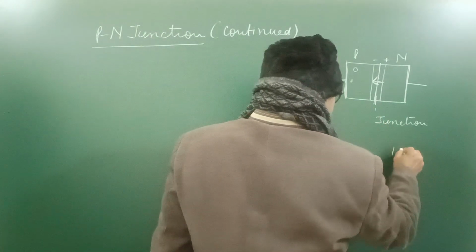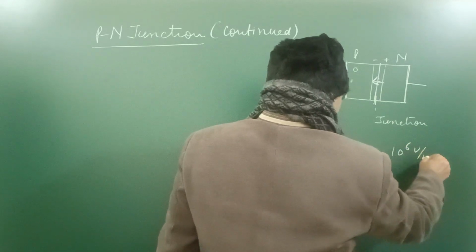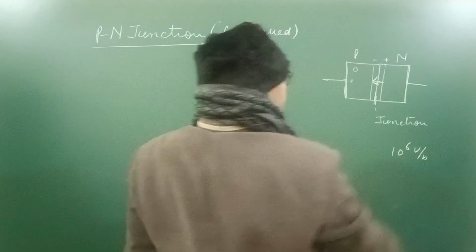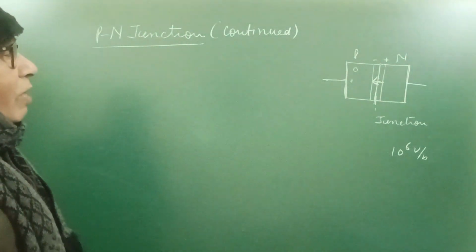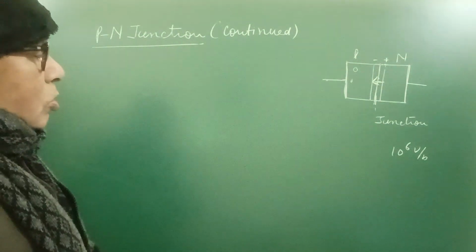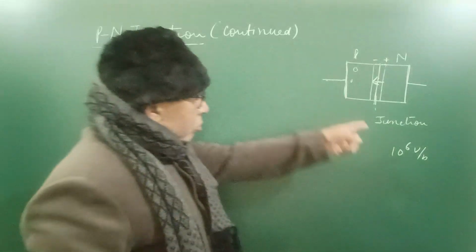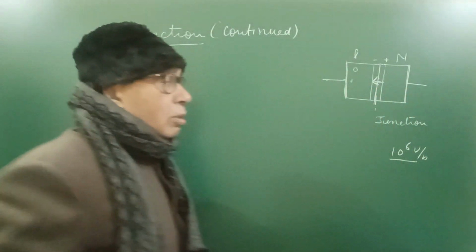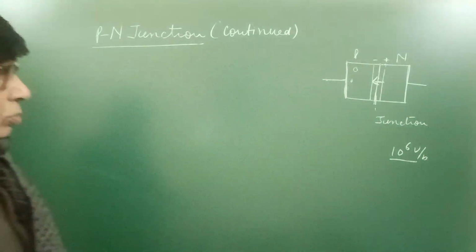I told you, 10 to the power 6 volt per meter. The potential difference appears due to the formation of charge, nearly 0.5 or 0.6 volt. Now this electric field is called the junction field.